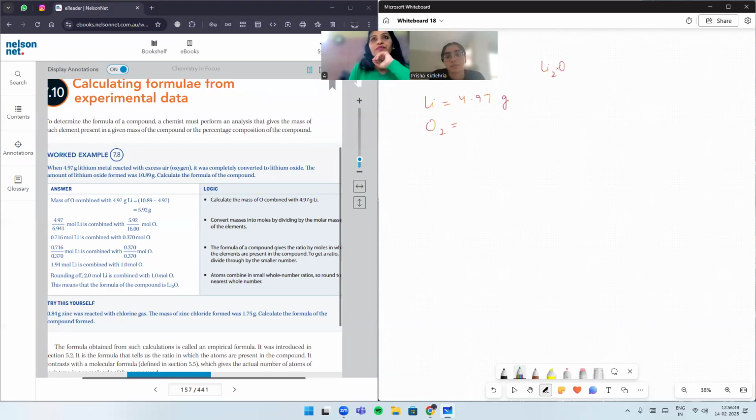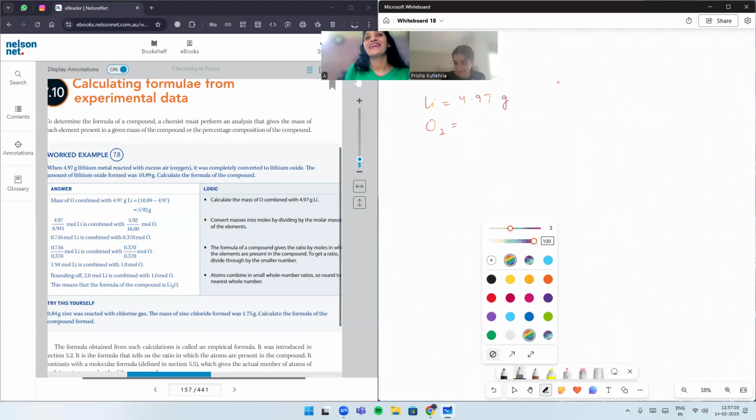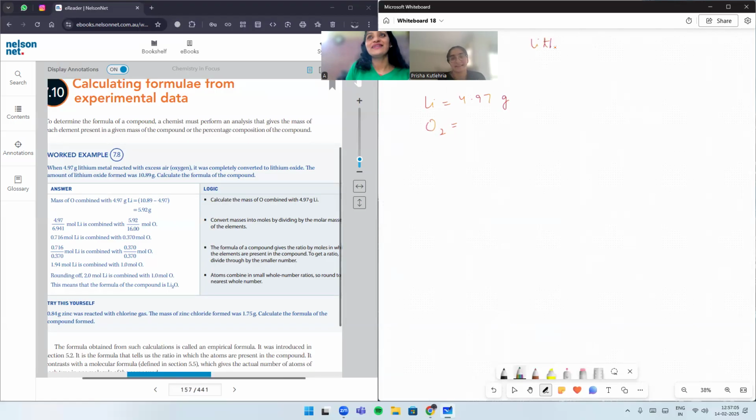I am not supposed to write the formula, so we are going to erase this. So we got the result as lithium oxide, and the amount of lithium oxide formed was 10.89 gram.